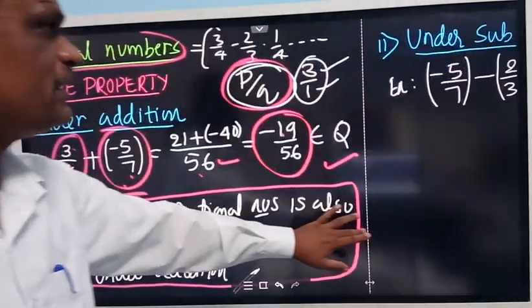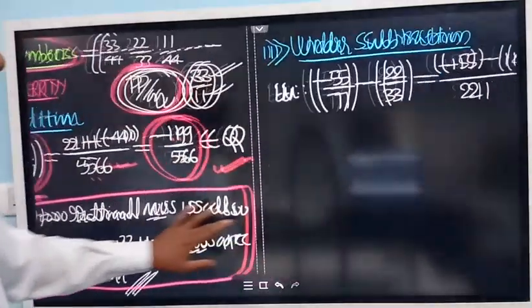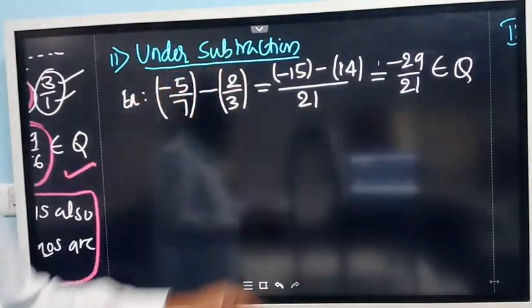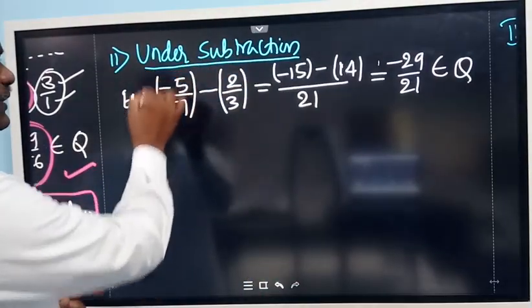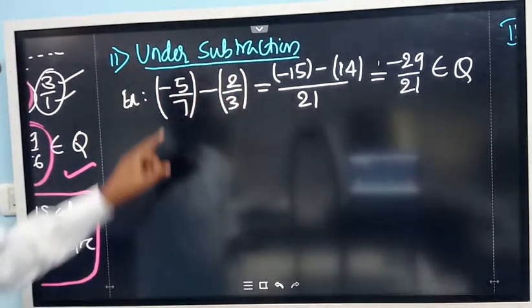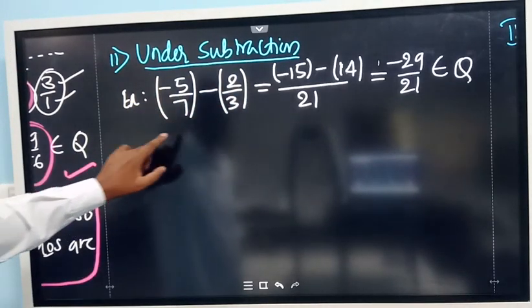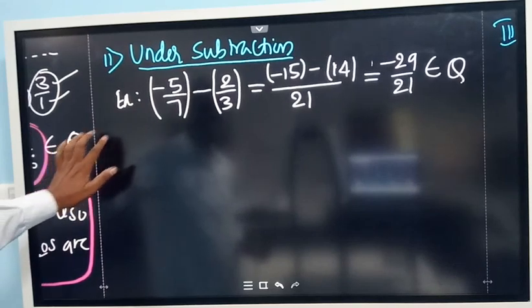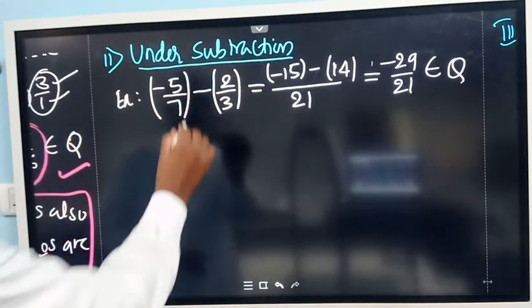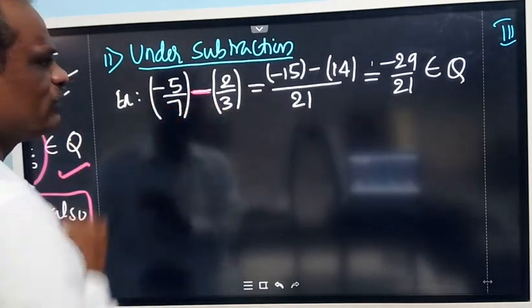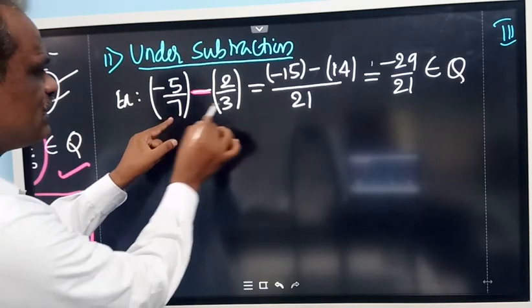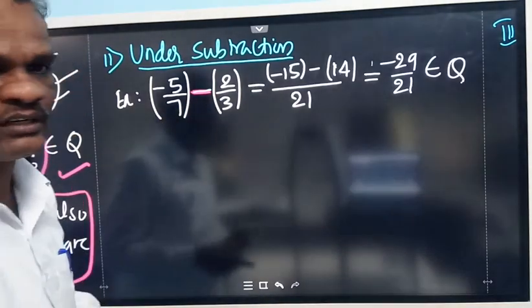The next operation that we are going to check is subtraction. You have selected two rational numbers. This is one rational number and this is another. The first one is minus 5 by 7 and the second one is 2 by 3. Subtraction means minus, the operation that I am doing here. The LCM for 7 and 3 is 21.